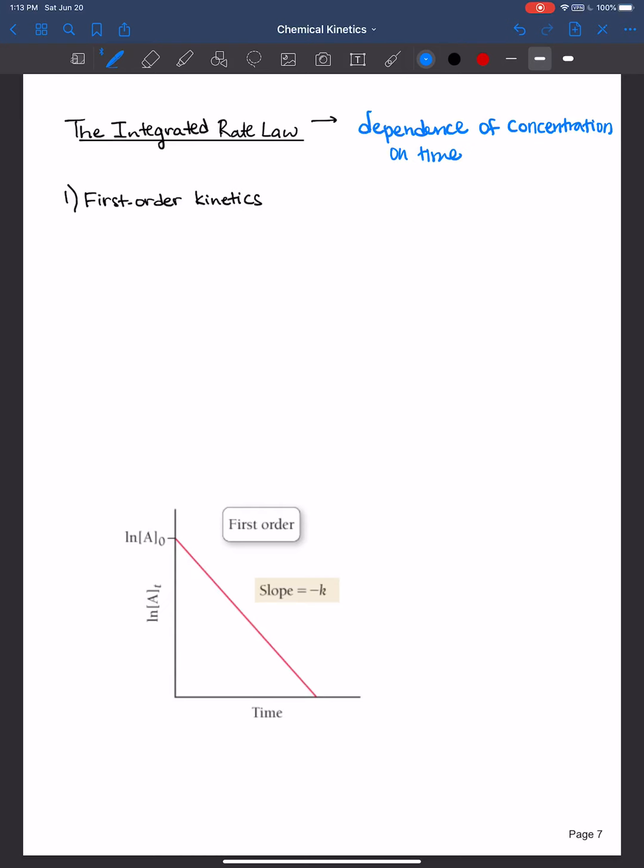And we will focus mainly on first order, second order, and zero order kinetics. But remember, there are other types of kinetics out there, we're just focusing on these three main scenarios here.